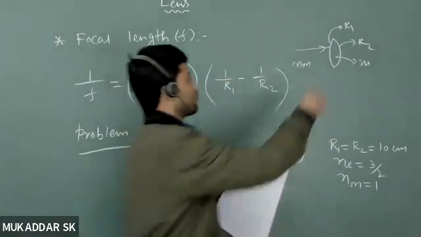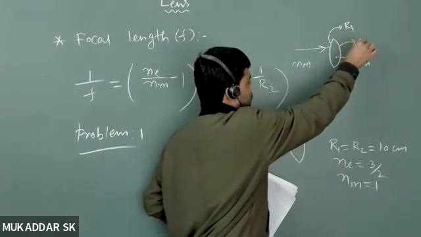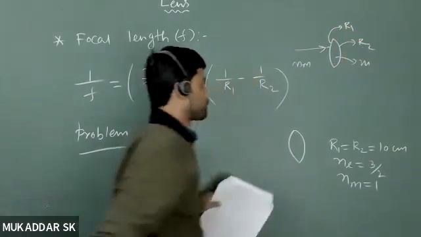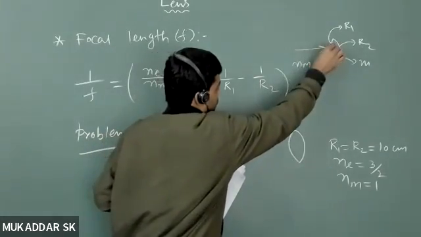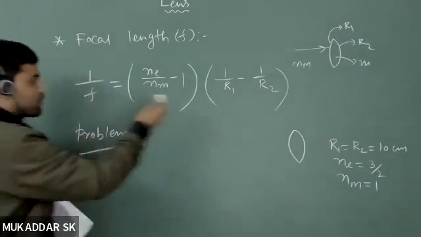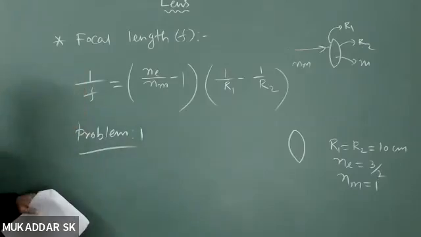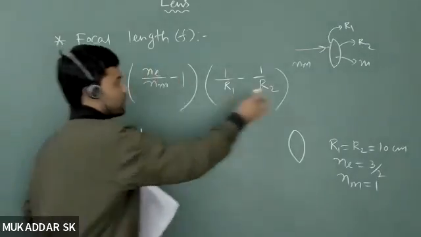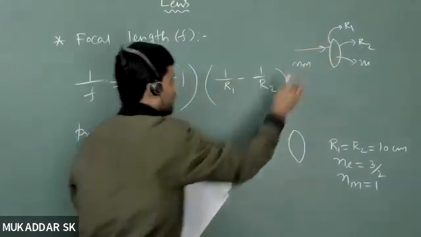The radius of curvature of this surface is R1, and for this surface it is R2. And a ray is coming and striking at R1. So I can write the reciprocal of the focal length, 1/f, will be the refractive index of this lens divided by the refractive index of this medium, NL/NM, minus 1.